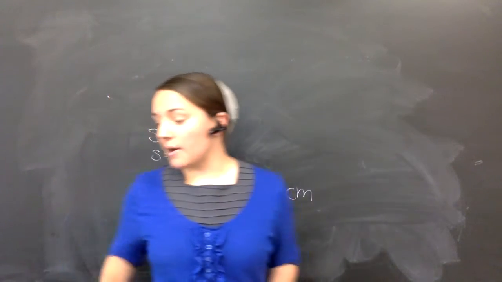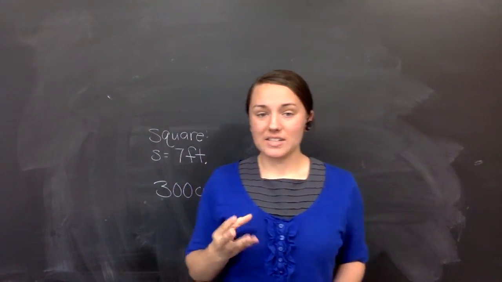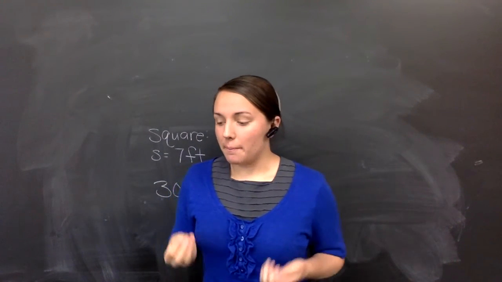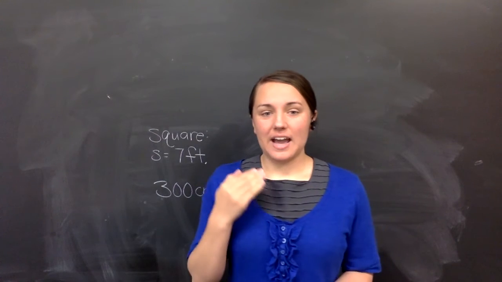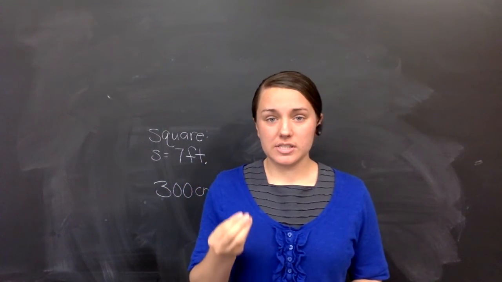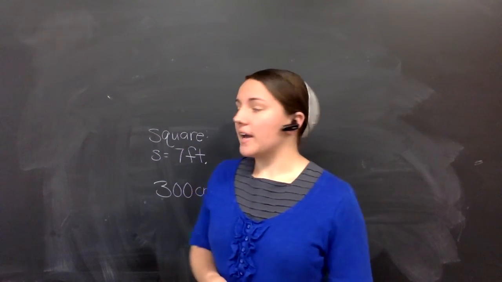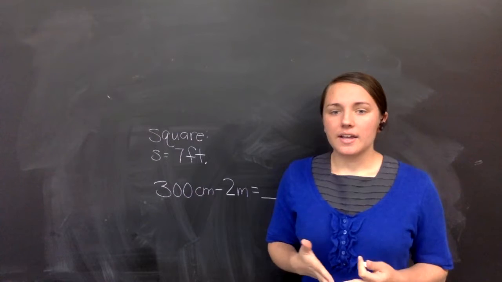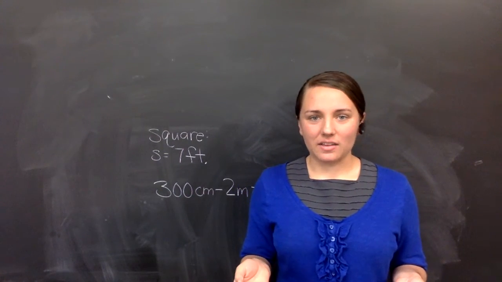Now, in our lesson today, we're talking about finding the area of a square. So we know how to find the area of a rectangle, but how can we find the area of a square? Now, we could use the same formula that we used to find the area of a rectangle. That would work. But since a square is square, all of the sides are the same length, right?